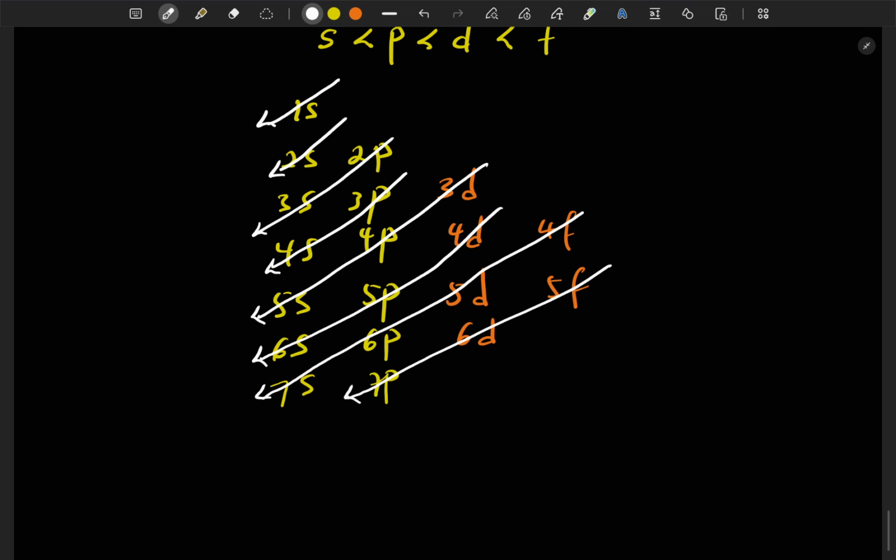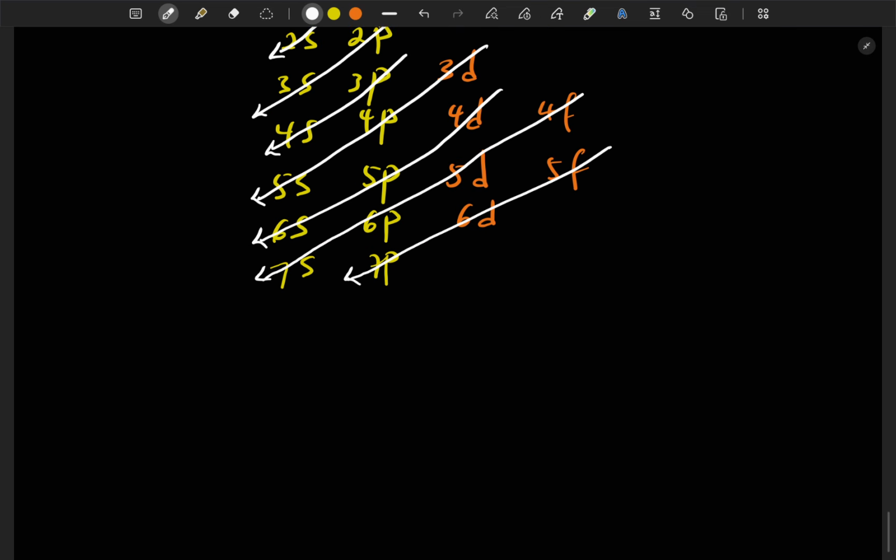Let's try for sodium. How do we write the orbital electron configuration of sodium? We know that sodium has atomic number 11, and the shell electronic configuration of sodium is 2, 8, 1, which means it has a total of 11 electrons.